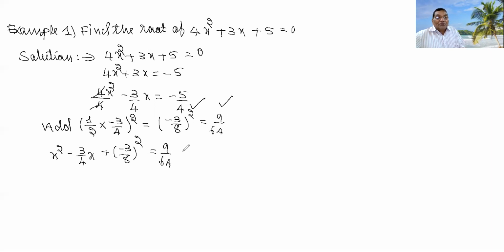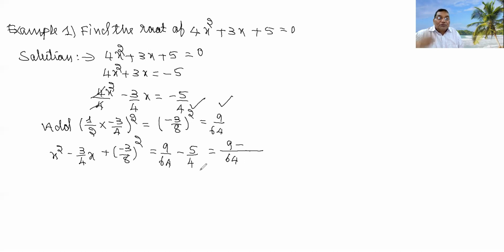Already minus 5 by 4 is there. Minus 5 by 4. And simplify this. 64 is LCM. 4 is a factor of 64. 16 into 4, 64. 64 upon 64, 1. 1 into 9, 9.